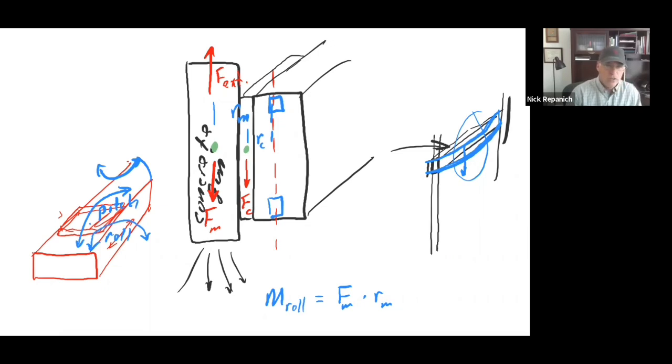Typically you wouldn't have the thing that's housing the bearing be the actual support. You would mount this to some other structural member, right?